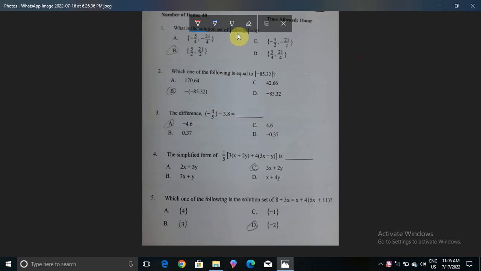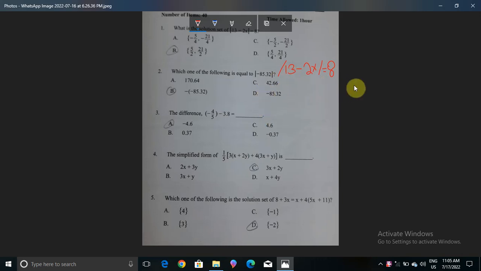do it together here. The absolute value of 13 minus 2x is equal to 8. Then what we'll do here, we have one number after the equal sign, 8, that means we will make it 8 and negative 8.